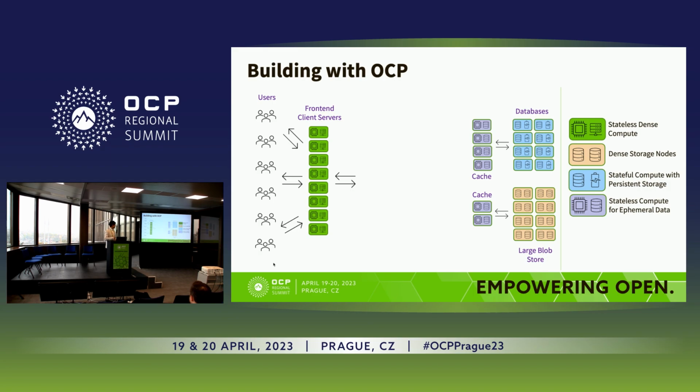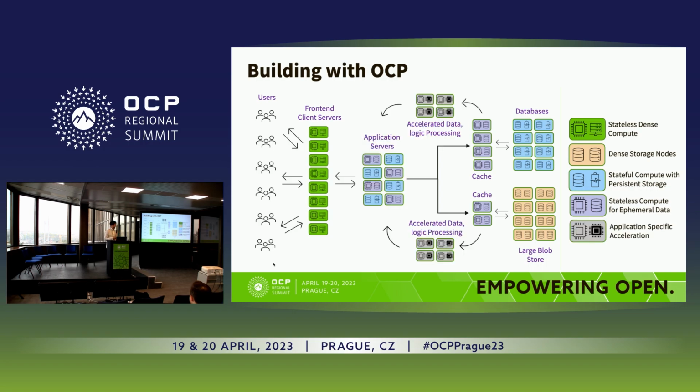So in the center here, again, is our application logic. And as applications have become more and more sophisticated over time, we also see the same kind of dynamic that exists in the storage, where you might want to have more than one different type of hardware to handle your needs. And in this simple example, we could potentially have racks that are great for logic and data processing, along with servers that are handling your ephemeral data sets for indexing and caching.